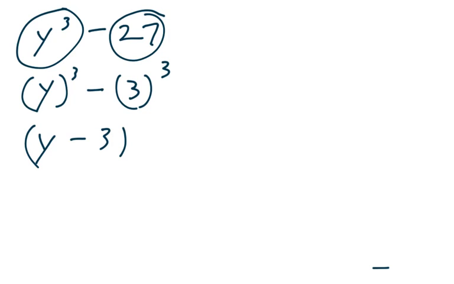A is the Y, B is 3. I would times that by the A squared plus, I would times together the 3 and the Y. And then I would do a plus, and I would do B squared. So 3 squared is 9. Done. That again is how you factor the difference of 2 cubes.